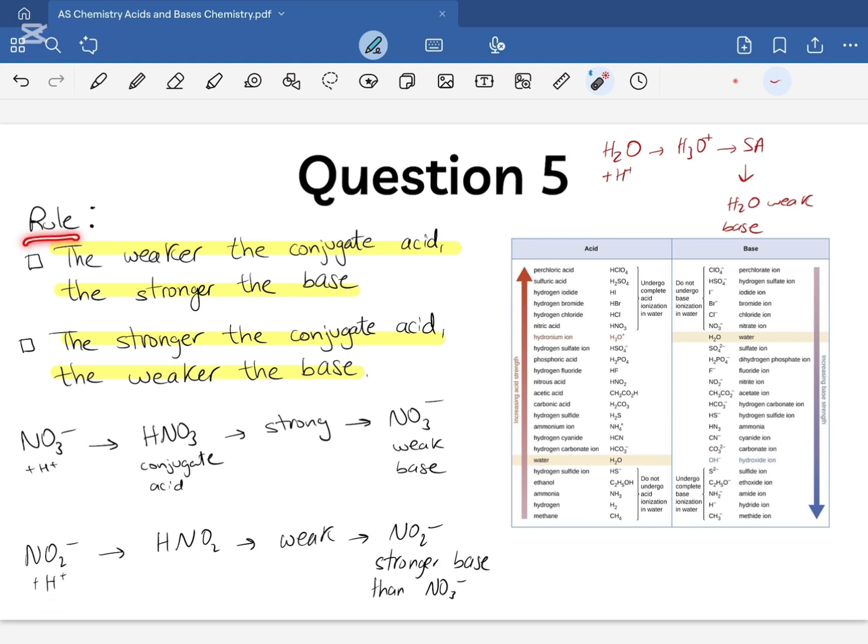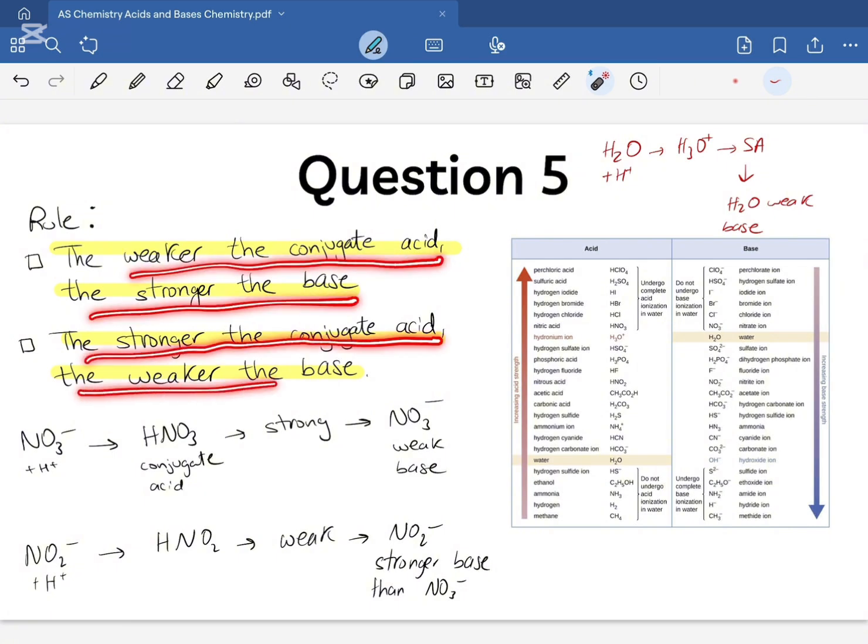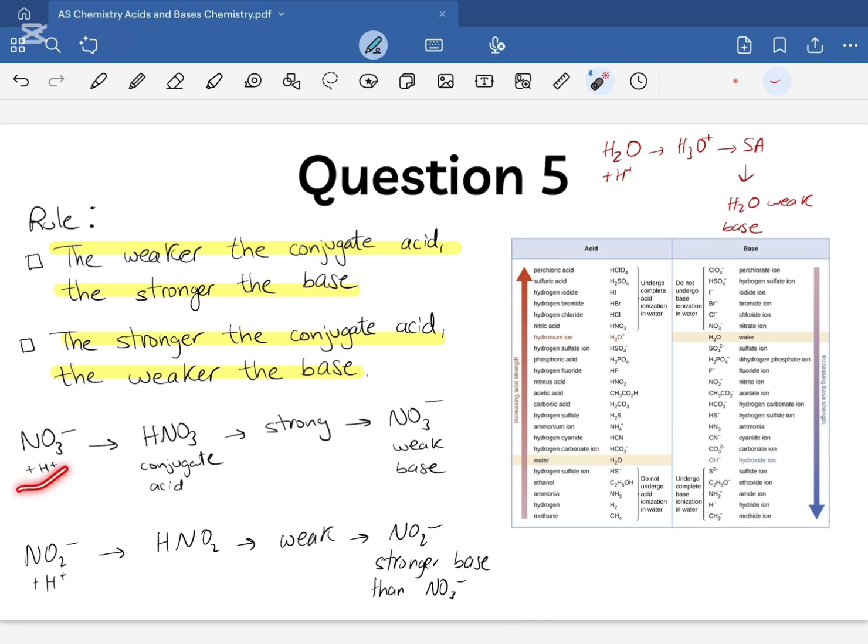There's a rule that we need to know, that the weaker the conjugate acid, the stronger the base is going to be, and that the stronger the conjugate acid, the weaker the base. So the conjugate acid of NO3 minus, if you add an H plus, is HNO3. This acid is a strong acid, and if it is a strong acid, then it's going to lead to a weaker base, therefore NO3 minus is a weak base.